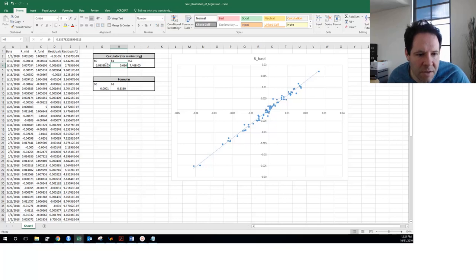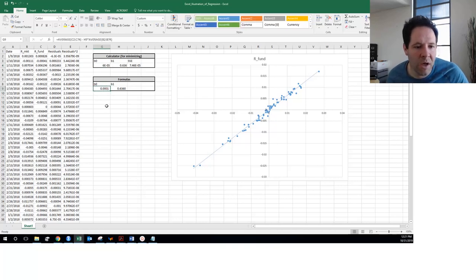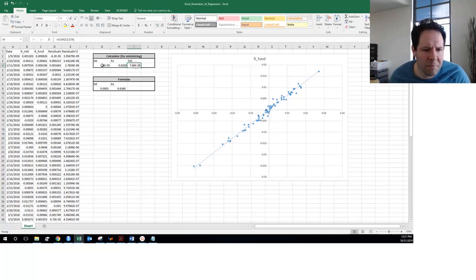You can see that it's the same as what we had there, right? So this would round to 0.0001. This one is the same as what we had there. It's off by a little bit. I think that might be numerical error.